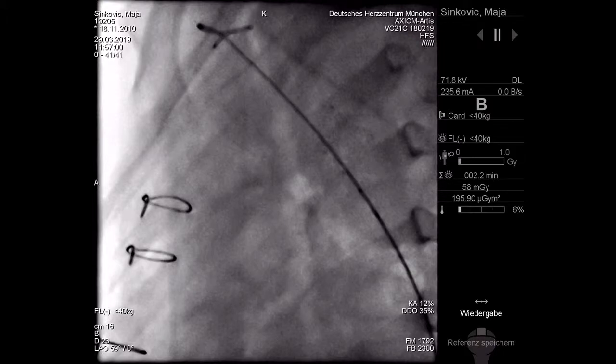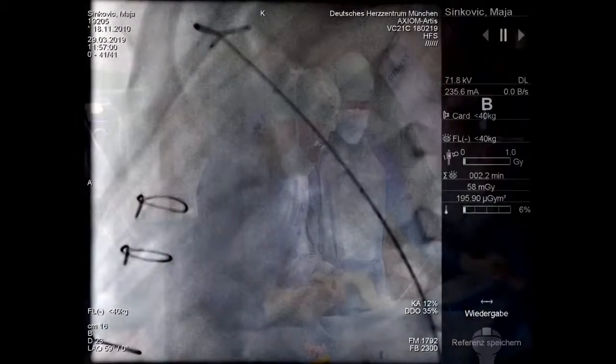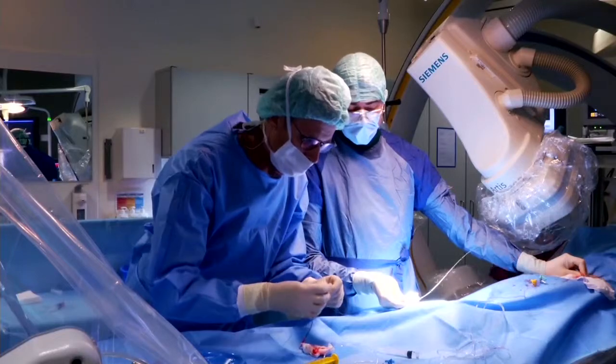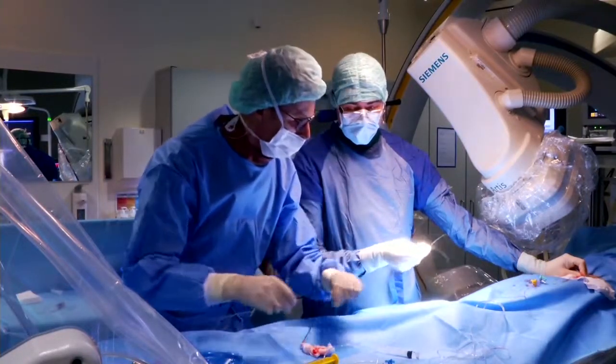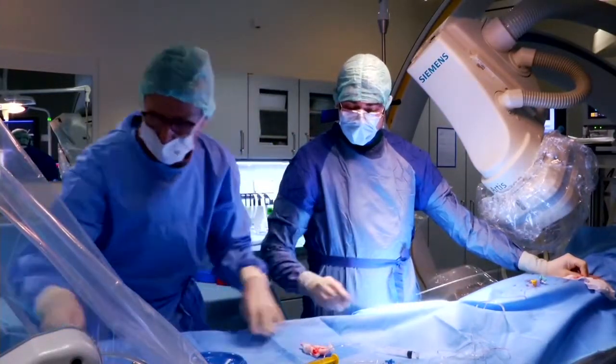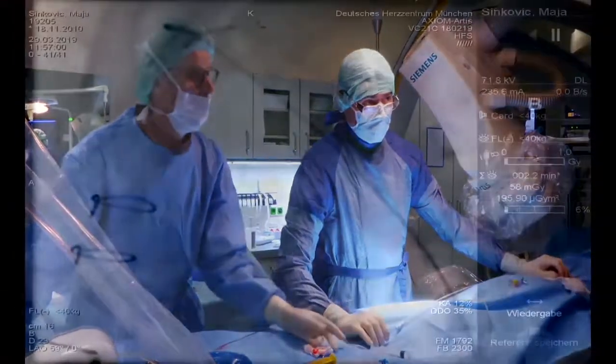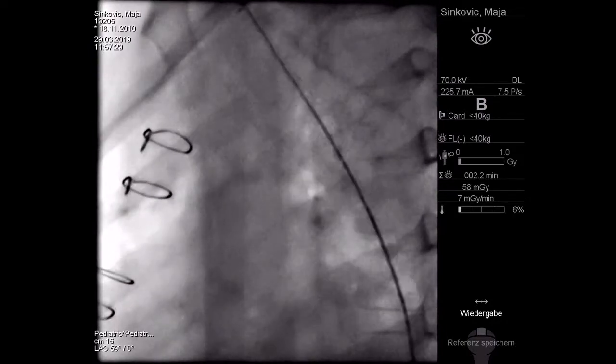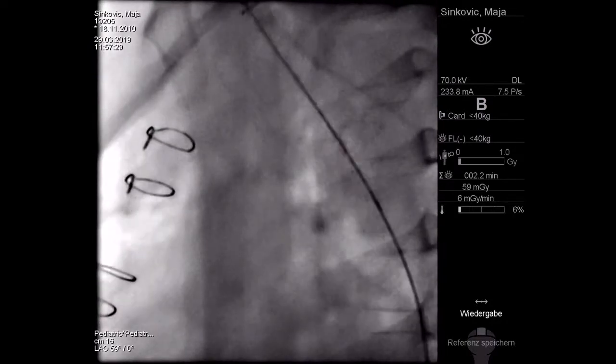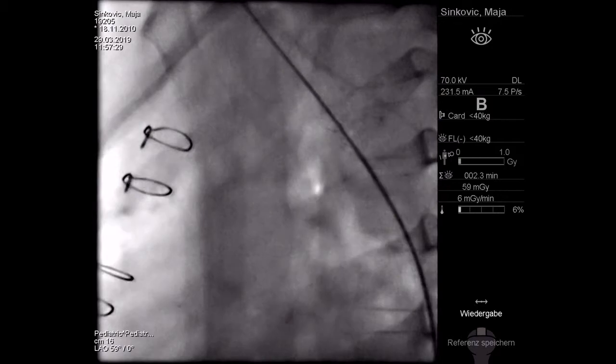We take a 4 French pigtail now in order to have simultaneous pressure measurement across the stent with the sheath and the catheter. The wire is an Amplatz ultra stiff. So here comes the pigtail.